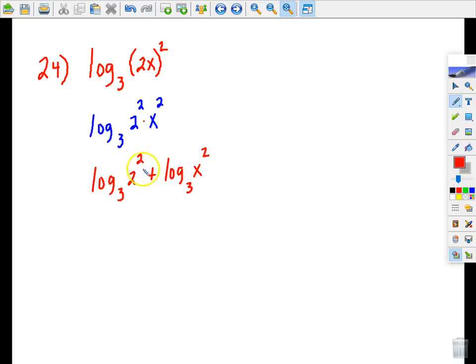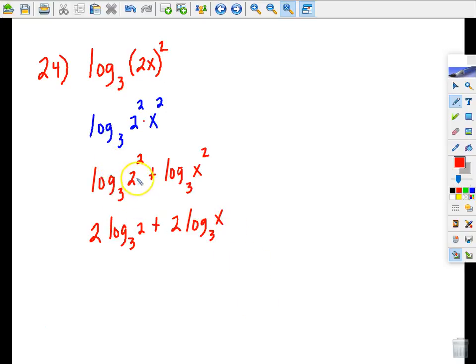Now, the whole idea here is to expand, and so you really don't want to treat this as 4. You want to go ahead and apply the power property, which says 2 times log base 3 of 2 plus 2 times log base 3 of x.